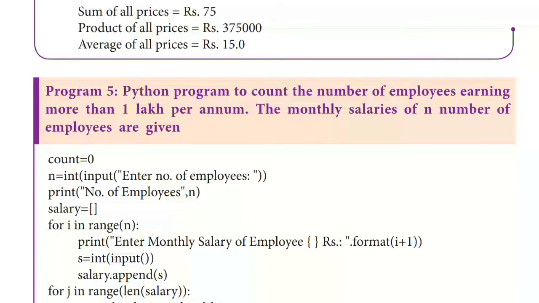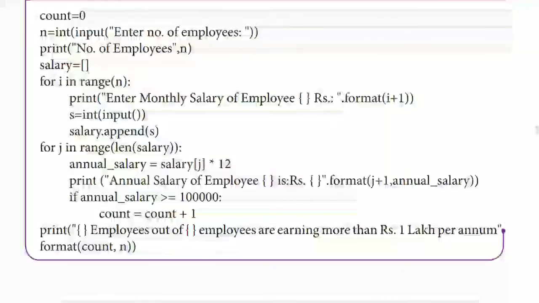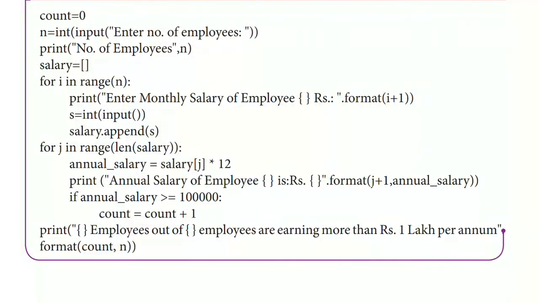Next program you can see: Python program to count the number of employees earning more than 1 lakh per annum. The monthly salary of n number of employees is given. Here you can see that five members' salary is being gathered, and the person who has more than 1 lakh will be found. Only the number of employees getting more than 1 lakh.